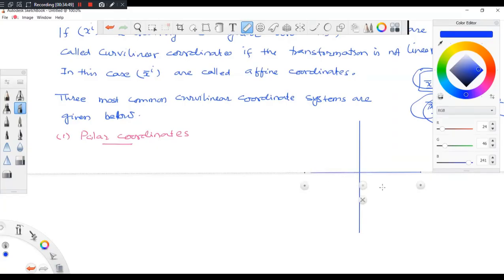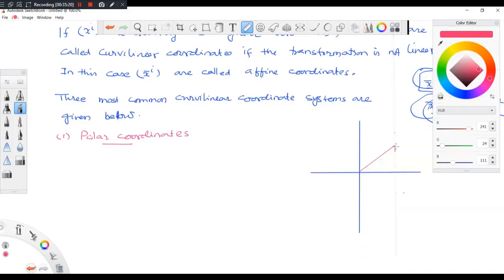I take a point somewhere. Here, this is my x-axis, this is my y-axis, and this is the rectangular coordinate system. My coordinates are x and y.